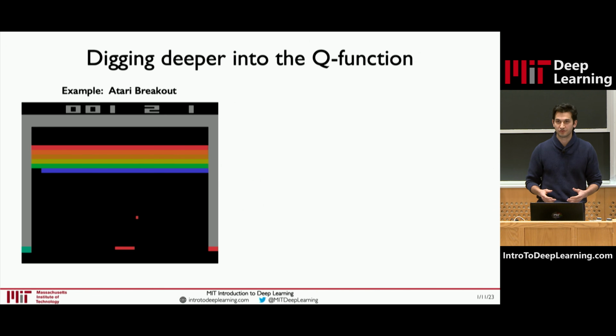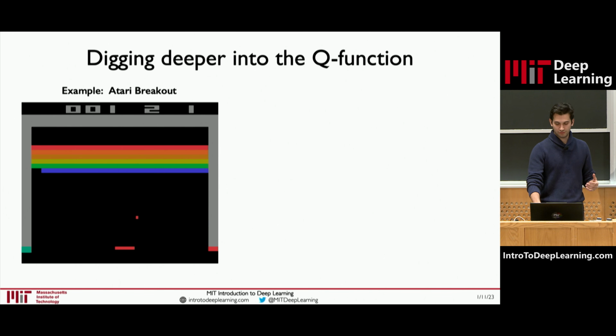So maybe let's start by digging a bit deeper into the Q function specifically, just to start to understand how we could estimate this in the beginning. First, let me introduce this game. Maybe some of you recognize it. This is the game called Atari Breakout.